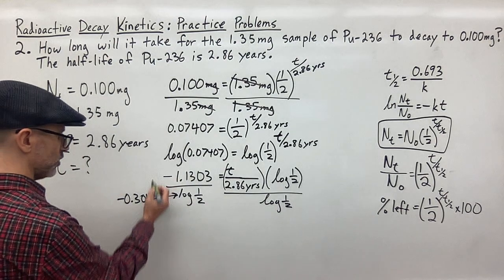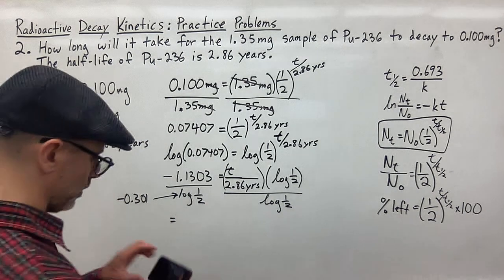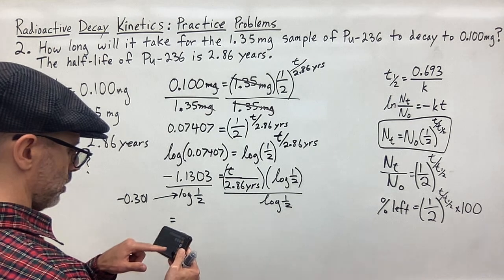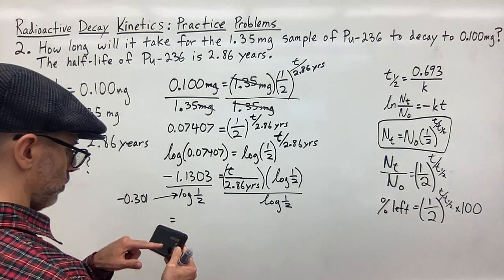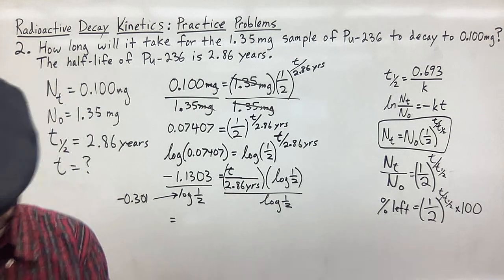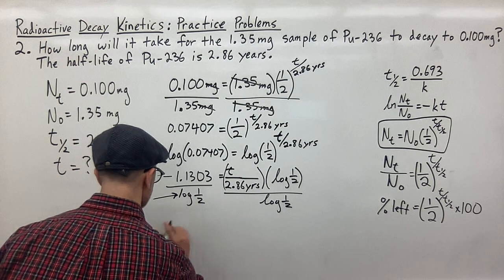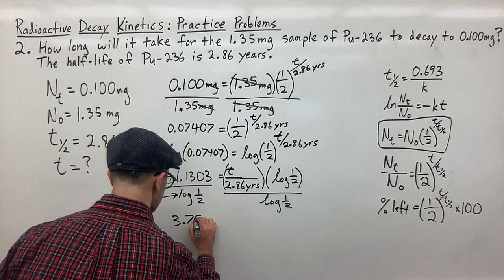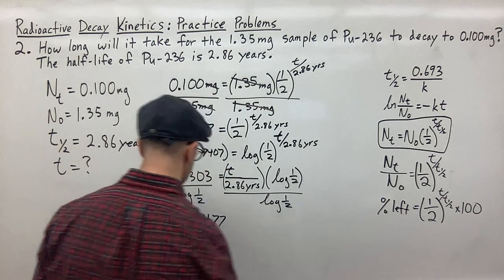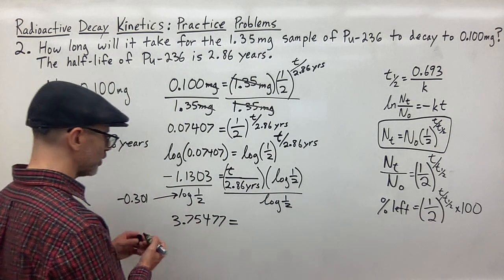So I'm going to divide these two. And what I end up getting then is negative 1.1303 divided by negative 0.30102, which gives 3.75477. I carried more digits there just to avoid rounding mistakes.